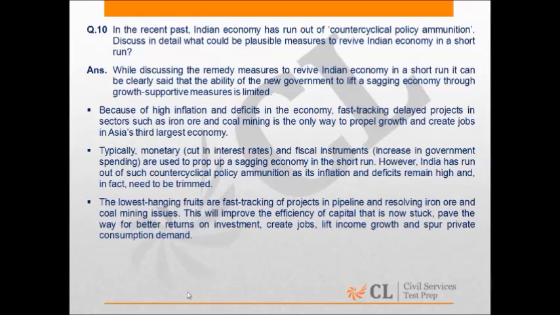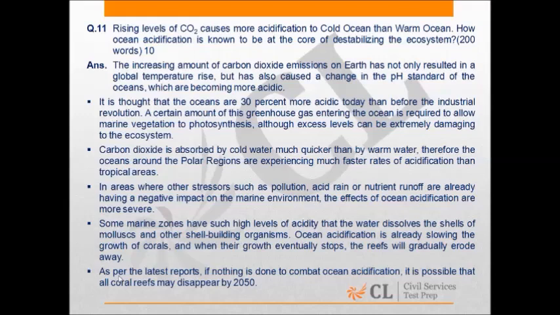If the coal mine issues are not solved, there would be an energy crisis, which India is already facing. So these are some measures to tackle the problem of counter-cyclical policy ammunition in the short run.